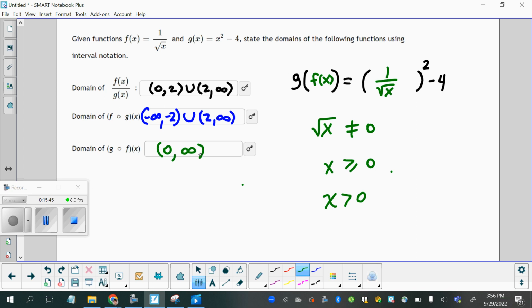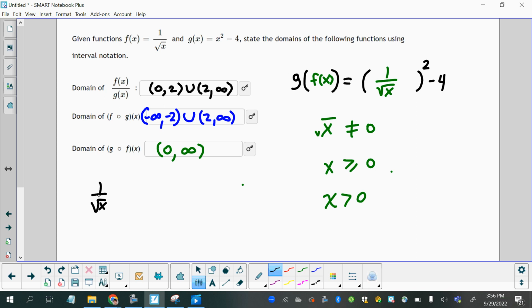And I just want to show you something that happens sometimes with a problem like this, is you might try to simplify first. If you were to simplify the 1 over square root x quantity squared minus 4, and simplify that to 1 over x, since when you square 1 over square root of x, it becomes 1 over x, then you might end up with just saying that x is not equal to 0, and that would have not been correct.